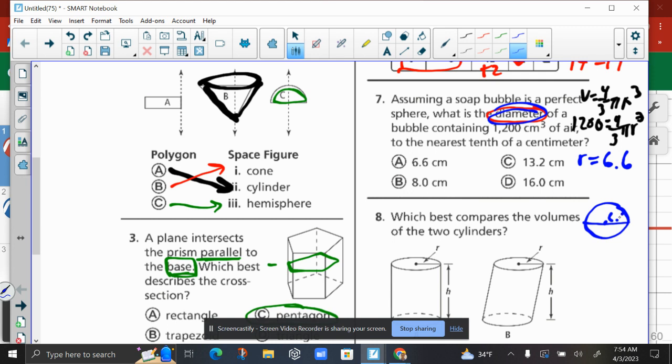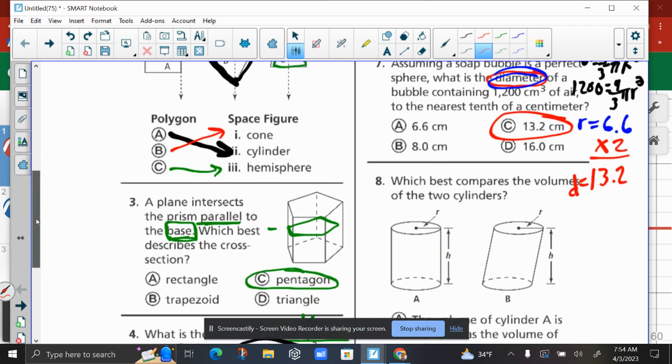So if this is 6.6, and this left side is 6.6, I have two 6.6s. So I'm just going to multiply this by 2. And so we get our answer as 13.2 for the diameter. Just be careful what they're asking. Radius, diameter, they try to trick you sometimes, or they just mix it up a lot, so be careful.